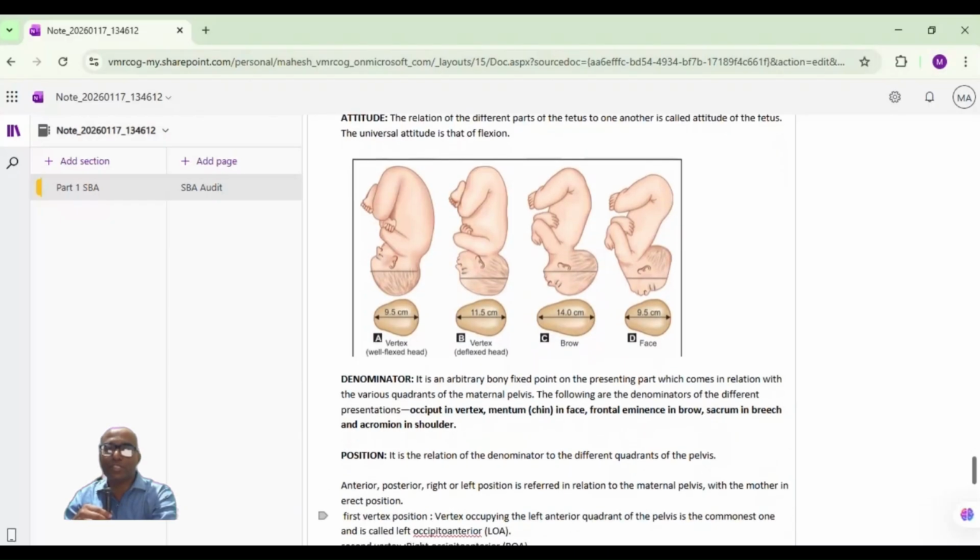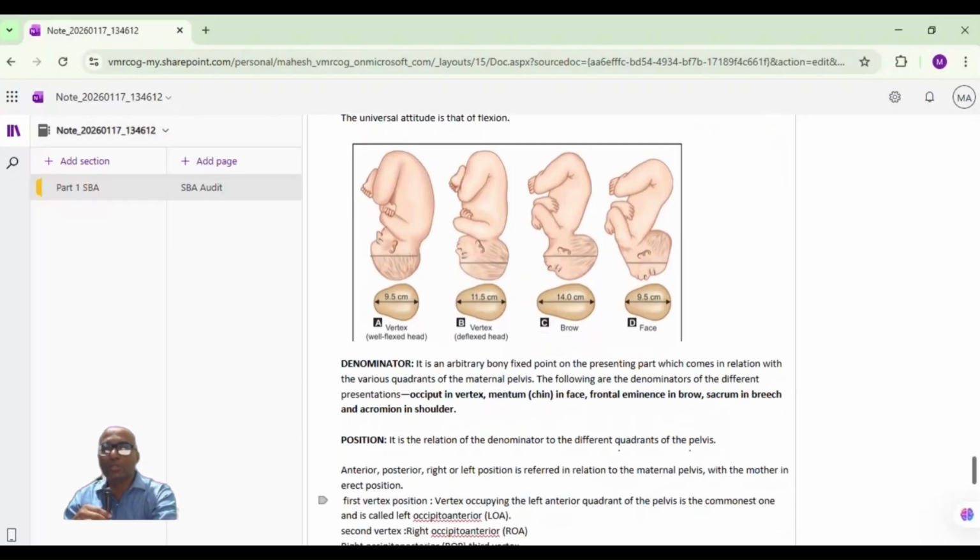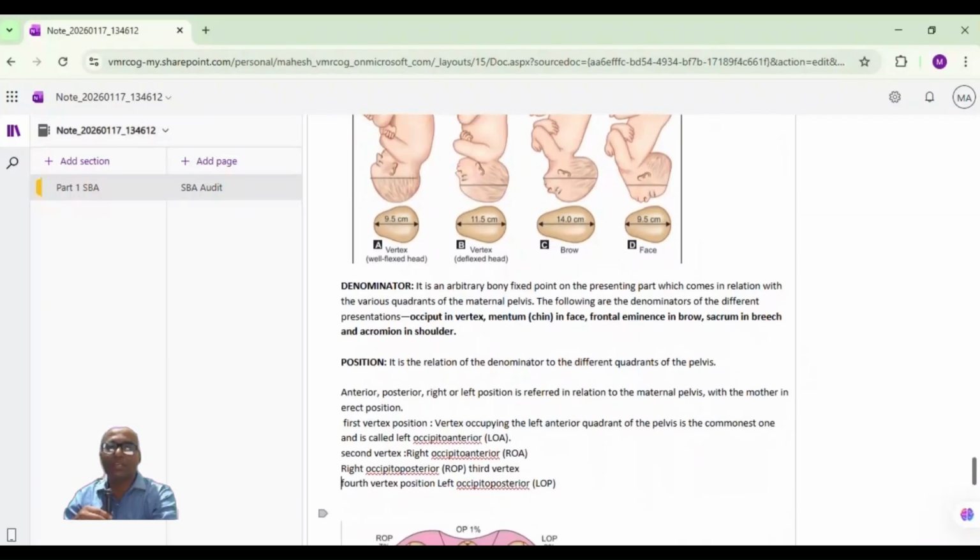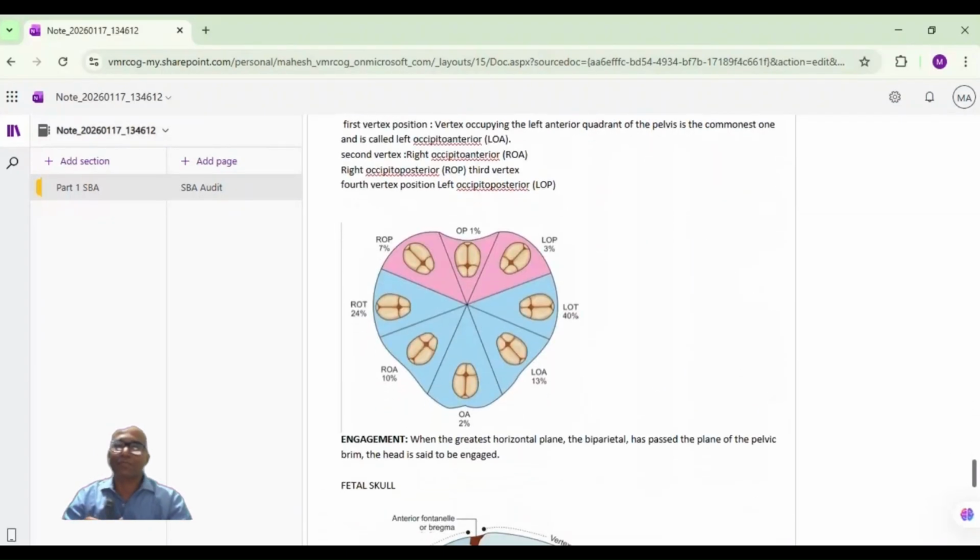Then coming to the position: it is the relation of the denominator to the different quadrants of the pelvis. Wherever this denominator lies, accordingly you will have left occipito anterior, right occipito anterior, right occipito posterior, left occipito posterior. So these are the four positions of the vertex. The first is the vertex occupying the left anterior quadrant of the pelvis.